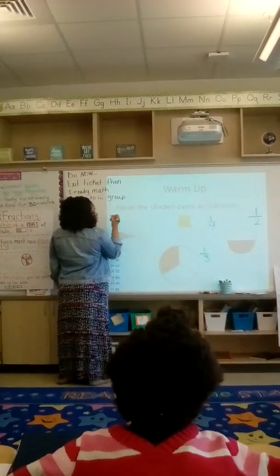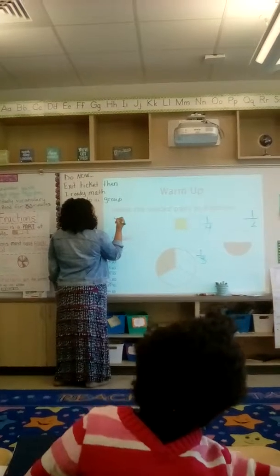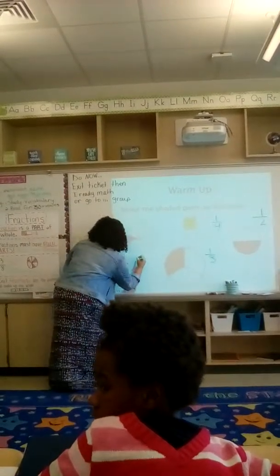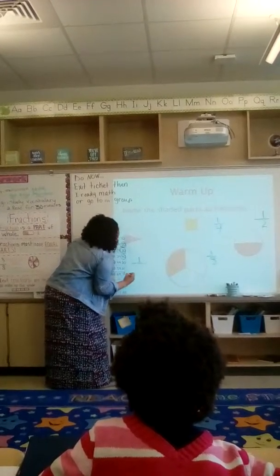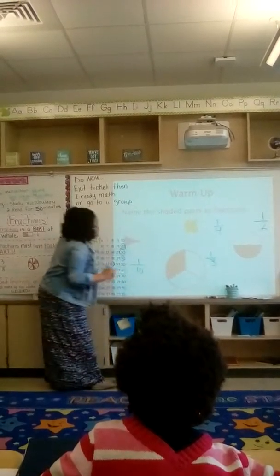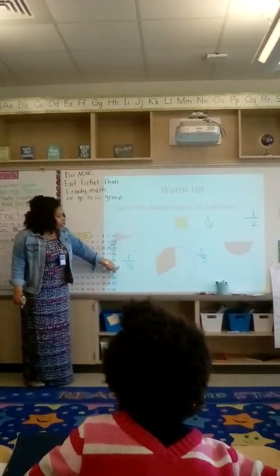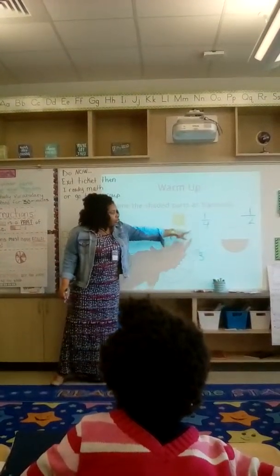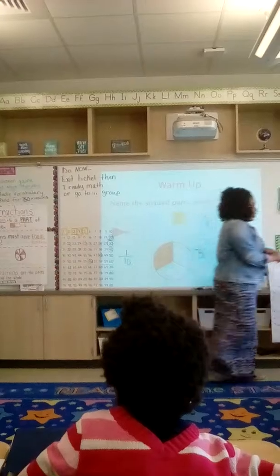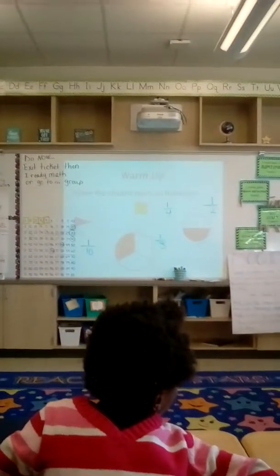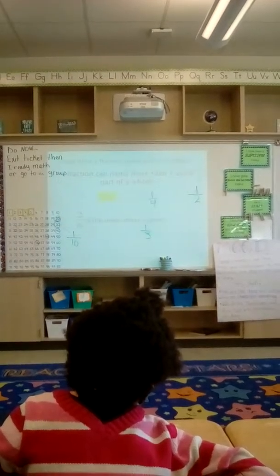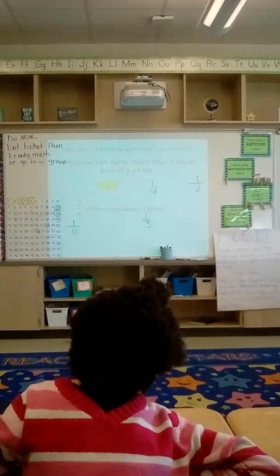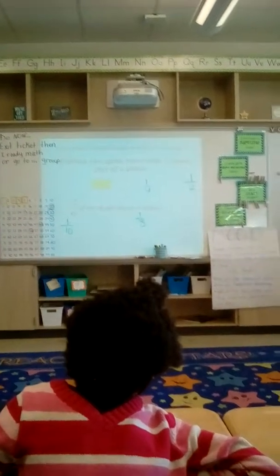On the top. 1 over how many? 10. So these are what the fractions look like: 1/10, 1/3, 1/4, and 1/2.